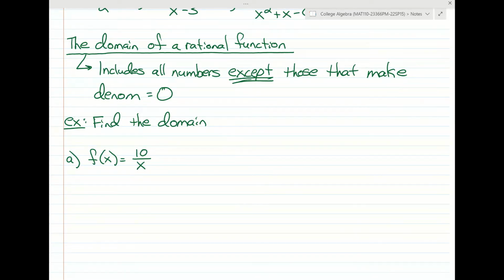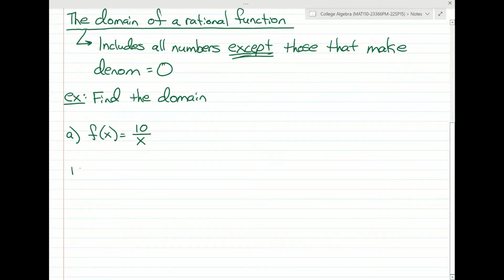You could pick any number that you want to use for the domain, except whatever number makes the denominator 0. So in this case, 0 would make the denominator 0, right? So we would say for the domain, it might be helpful if you drew a number line and showed any number on the number line, except can't use 0. Because that would make the denominator 0.